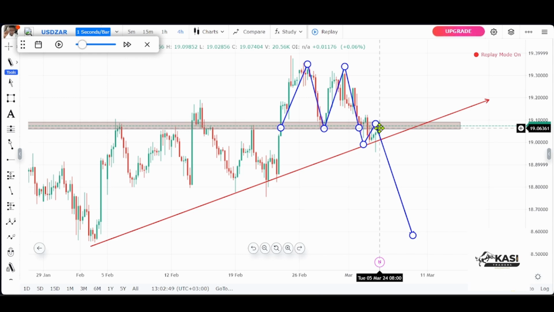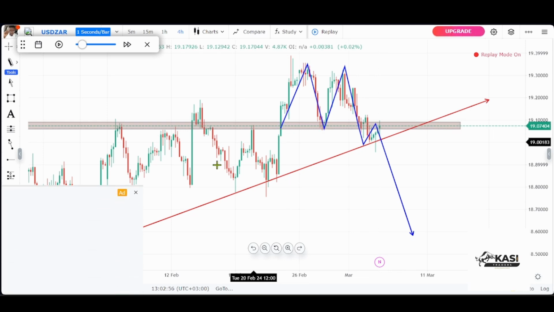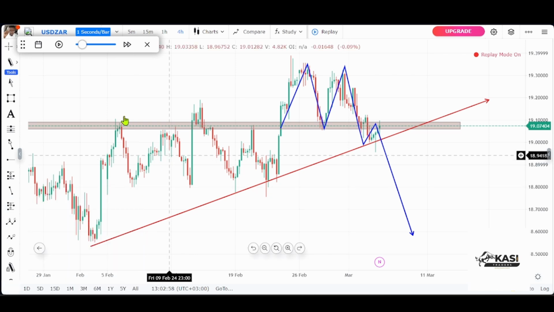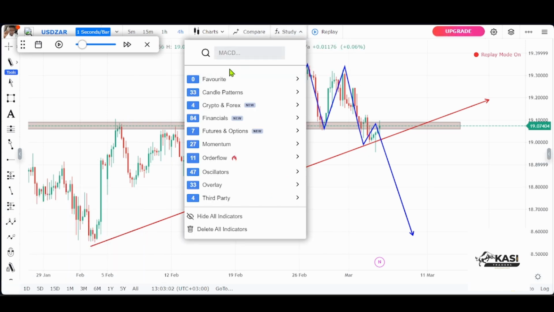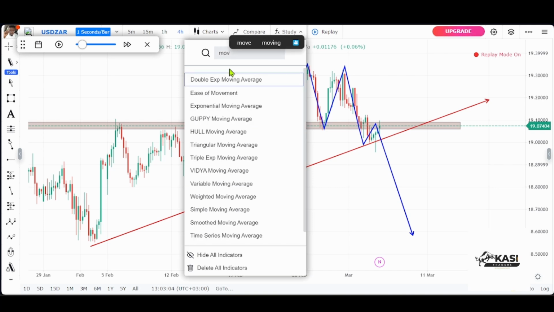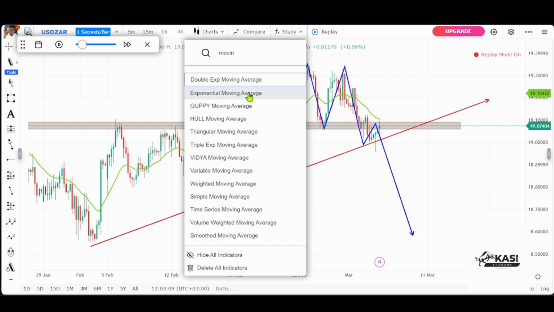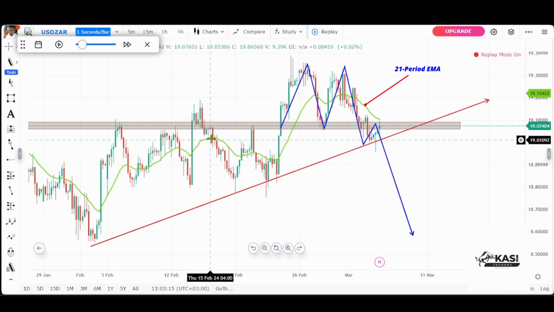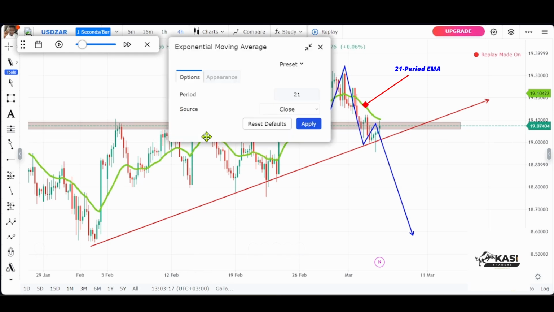Now, we can confirm this by using the 21 period EMA, moving average, to confirm that this will be our entry point. Yeah, this is 21.